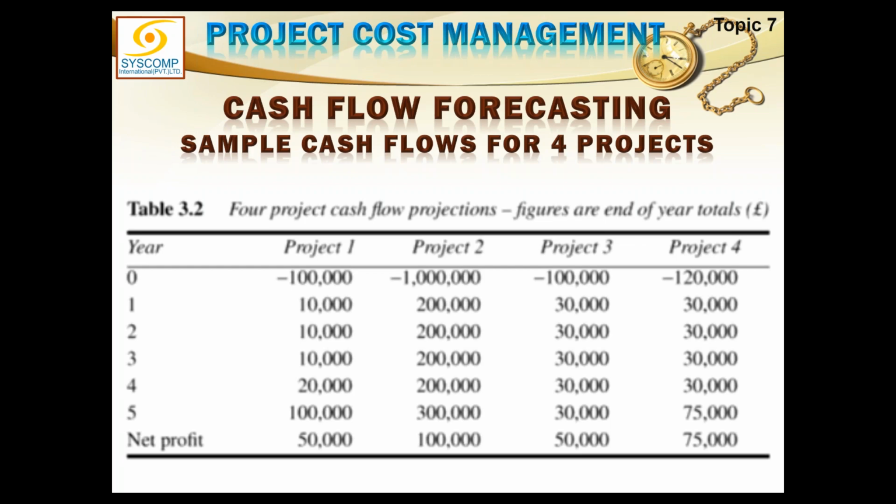I personally feel that for the good 4 years the profit ratio of project 3 is high, right? But on the fifth year and fifth year onwards, the profit of project 1 will go high.